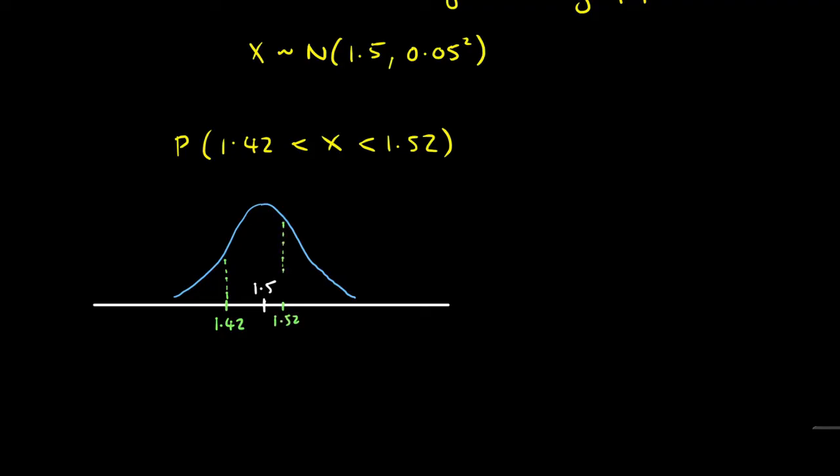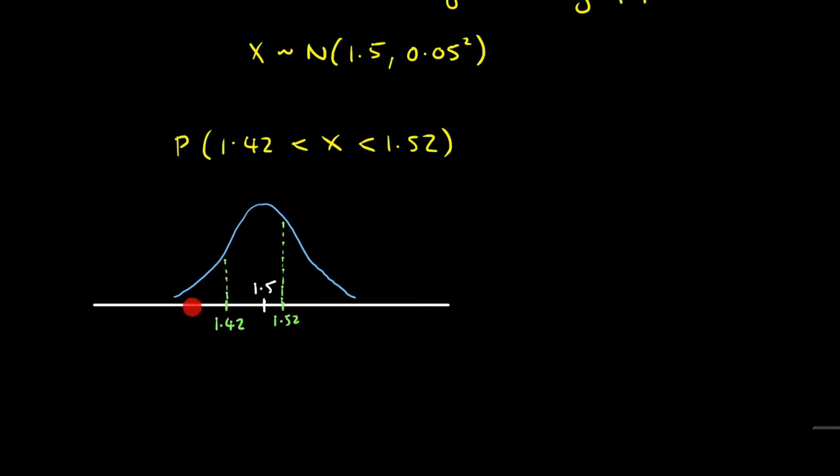And so what we're being asked to find is this region here in between those two. Now, what's that equivalent to? Well, it's equivalent of taking the probability of everything to the left of 1.52, so that whole region there, minus the probability of everything to the left of 1.42.